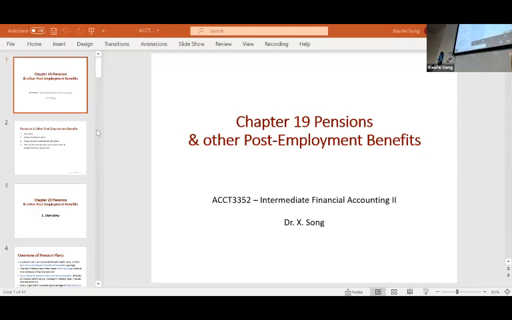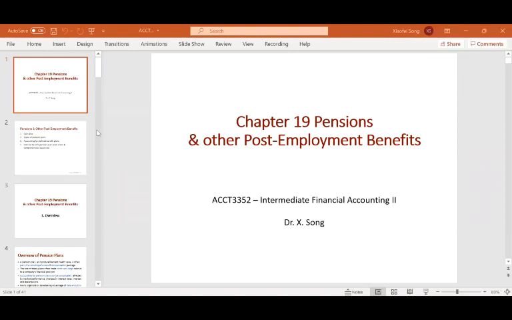So just a quick recap, we talked about chapter 19, which is on pension and other post-employment benefits. There are generally two types of such benefits: defined contribution versus defined benefit.